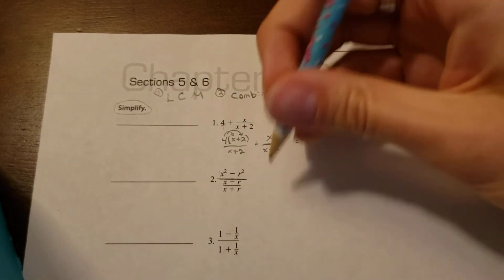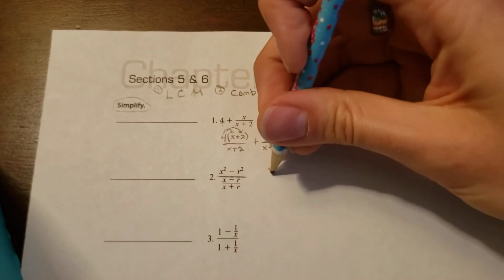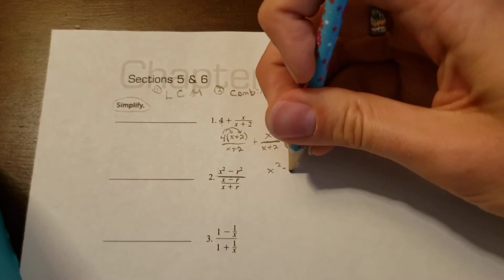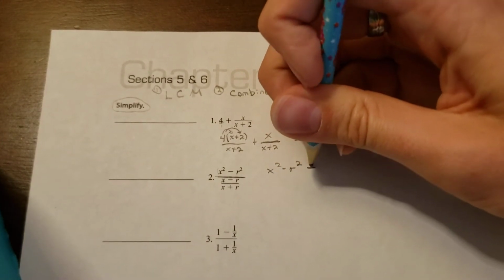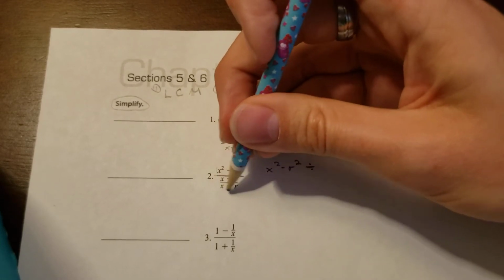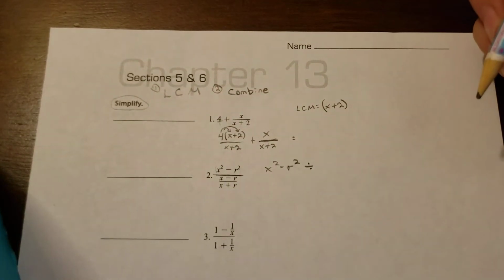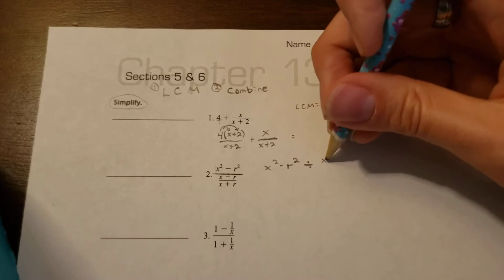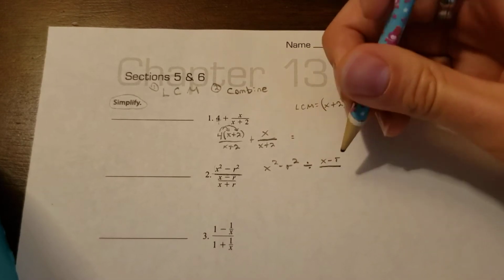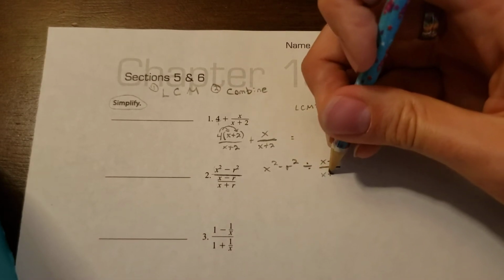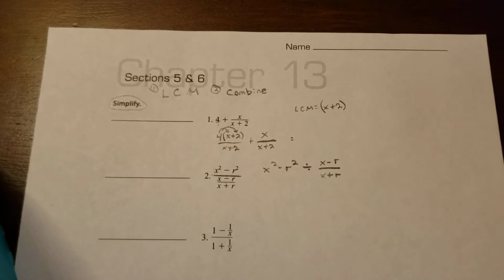So what this actually is saying is x squared minus r squared divided by this business, x minus r and x plus r.